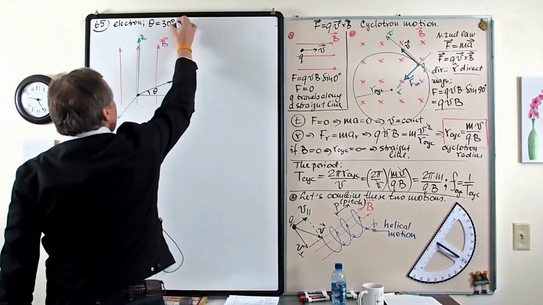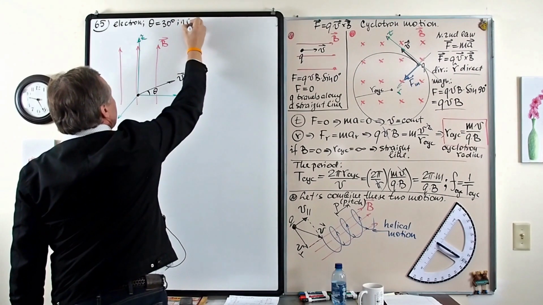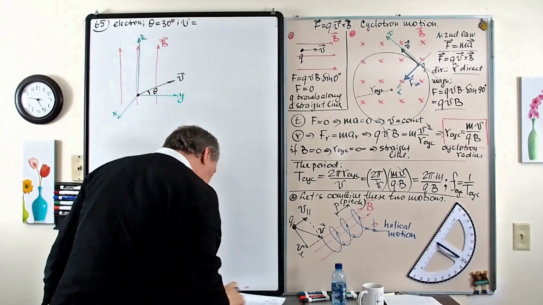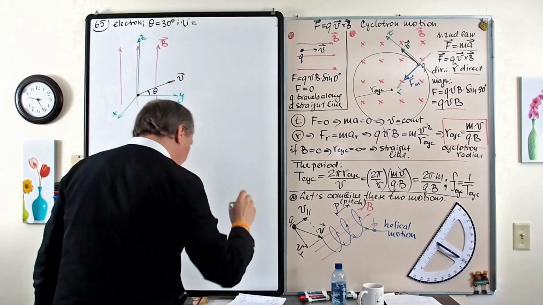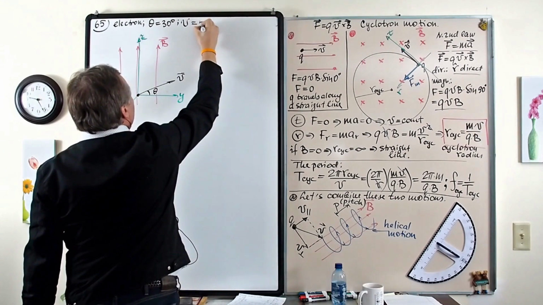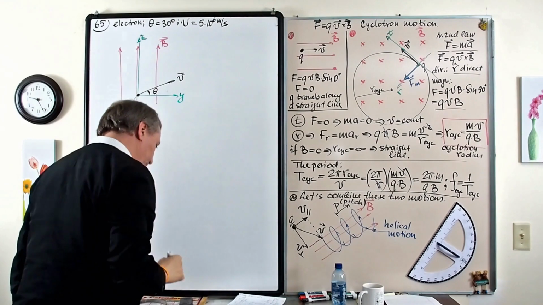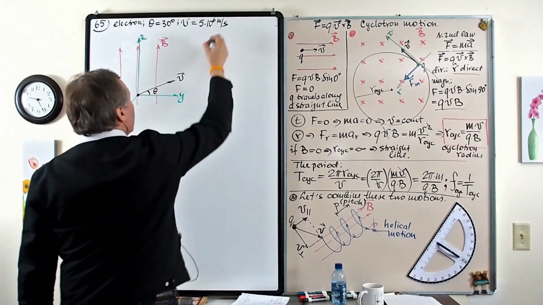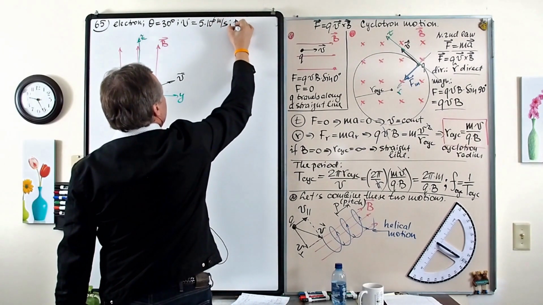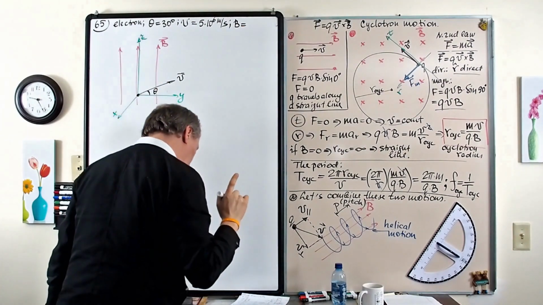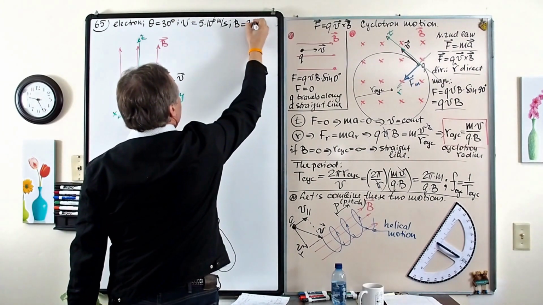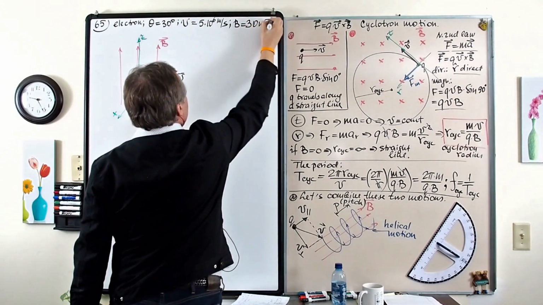And the absolute value of the velocity is also given. V is 5 times 10 to the power of 6 meters per second. And also the magnetic field strength is given, 30 millitesla.